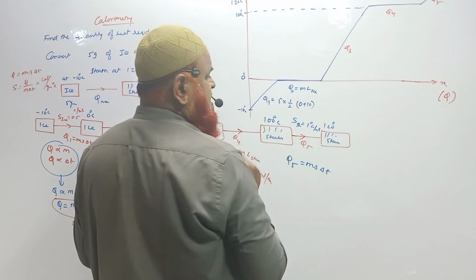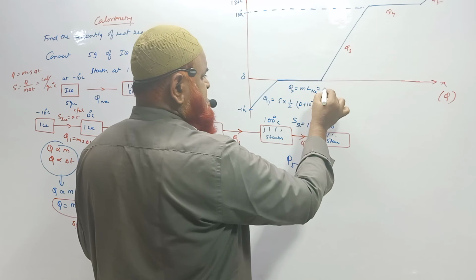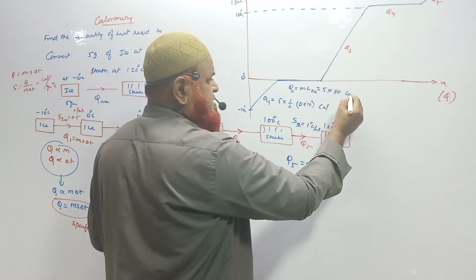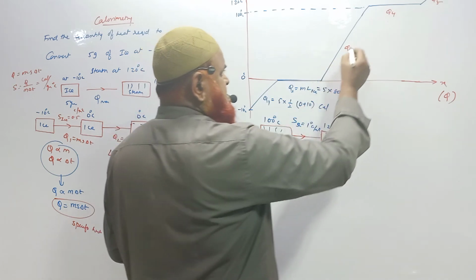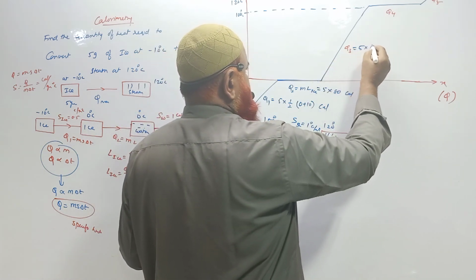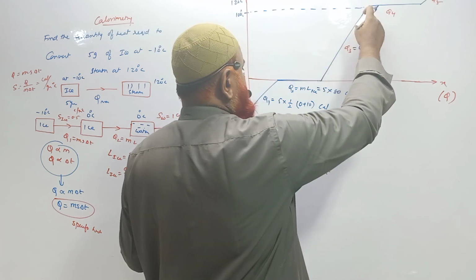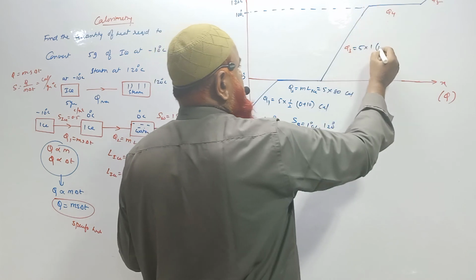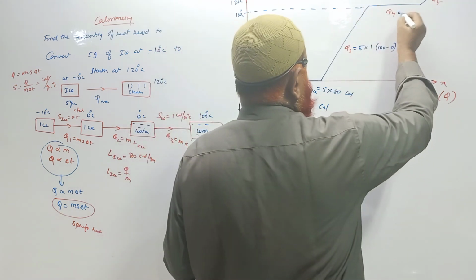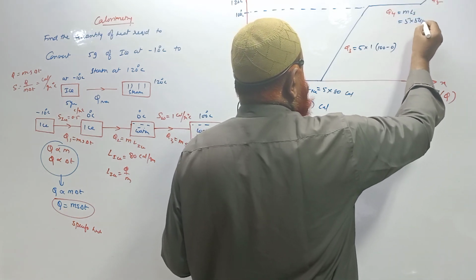So Q1 is measured in calories. The second one: M is 5 and L is 80. You get the answer in calories here also. This is the second step. Third step: M is the same, 5. Specific heat is 1 for water and the temperature rises from 0 to 100, so you can write 100 minus 0 here. Next, Q4 is M into latent heat of steam, again 5 into 540.